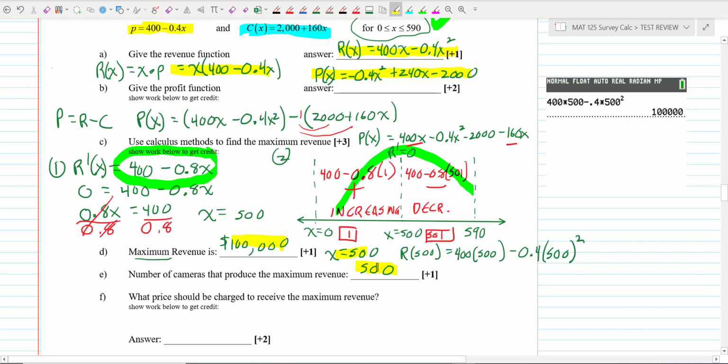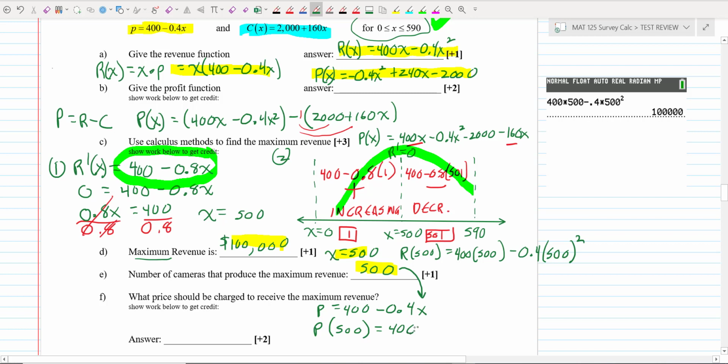Now what we're going to do is figure out the price that should be charged to maximize revenue. Okay, this is simple enough. You've got a price demand function. We also just figured out that 500 is the value of x that produces a maximum. So what we just do really is evaluate the price demand function at 500.